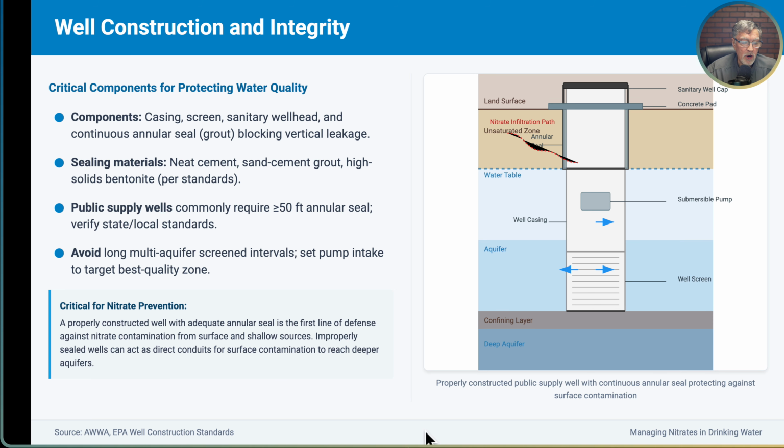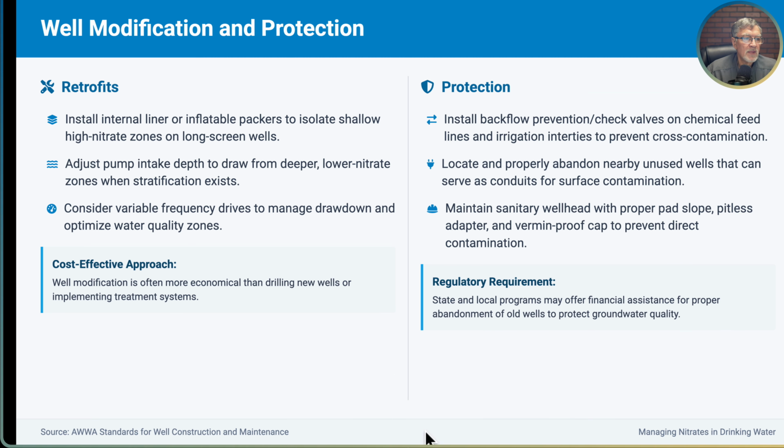So a properly constructed well with an adequate annular seal is the first line of defense against nitrate contamination from surface and shallow sources. I can't overemphasize that enough. That's the issue right there in a lot of cases, and you can avoid having to treat for nitrates or doing anything more than just having a properly constructed well.